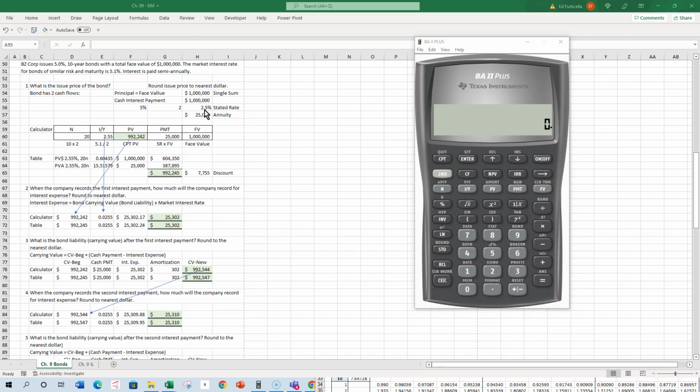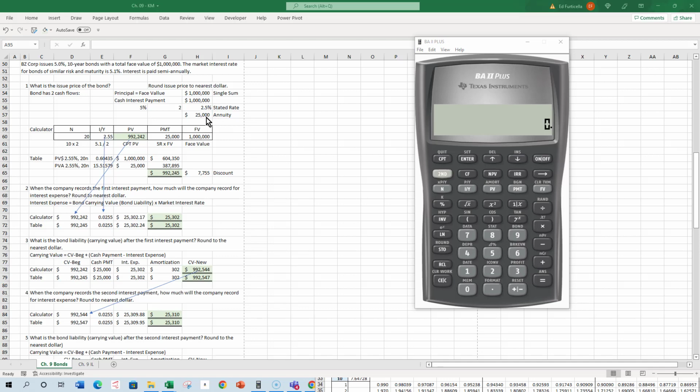Because this is a semi-annual problem, we take the 5%, divide by 2, and get 2.5%, and that will be the interest that we will pay every 6 months. 2.5% times $1 million is $25,000. That $25,000 will be paid over the next 10 years, or 20 cash flow periods. That's referred to as an annuity.